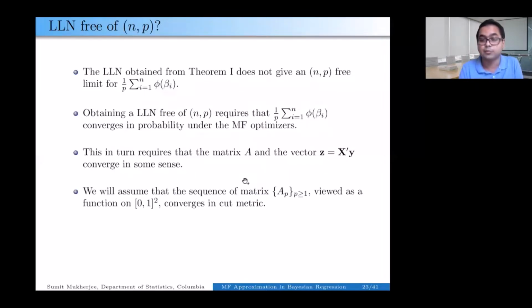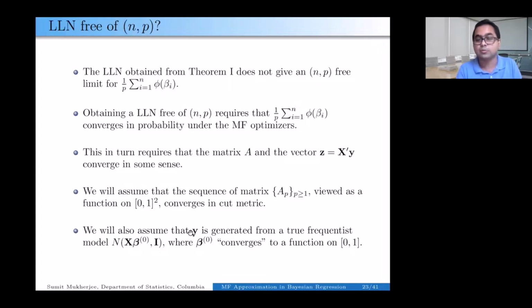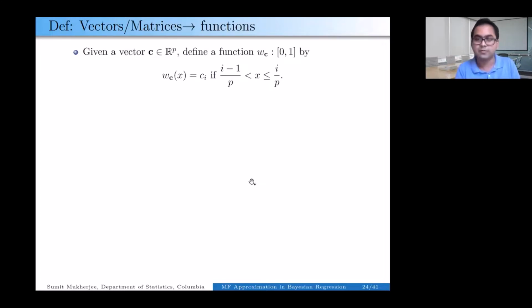Now we'll assume that the matrices A converge in cut metric, and we'll also assume that Y is generated from a true frequentist model like this, where beta naught converges to a function. So beta naught is like a nice interpolated function. Let me go a bit fast over this part, but I'm happy to take questions on this.